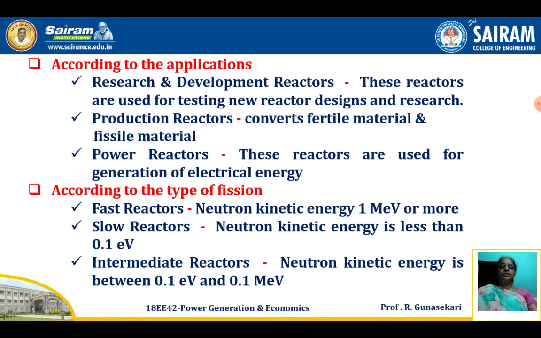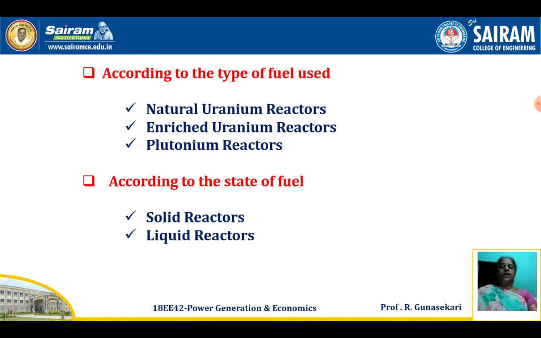The next classification is according to the type of nuclear fuel used in the nuclear reactor. The first one is natural uranium reactors, the second one is enriched uranium reactors, the third one is plutonium reactors.